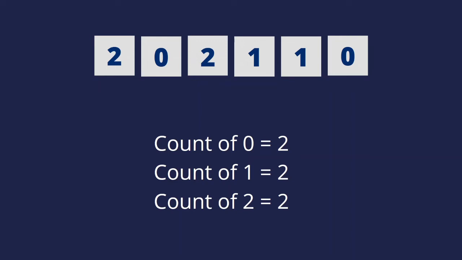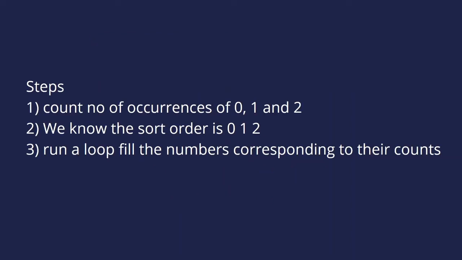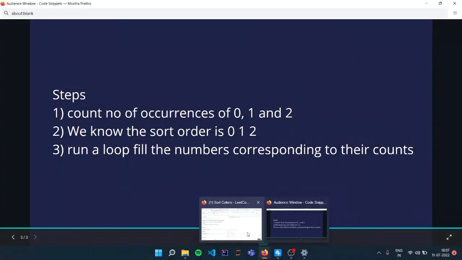So the steps involved are: count the number of occurrences of 0, 1 and 2, then follow the sorted order, 0 first, then 1, then 2, and run the loop corresponding to their counts. Now let's code it, since we know what we have to do.